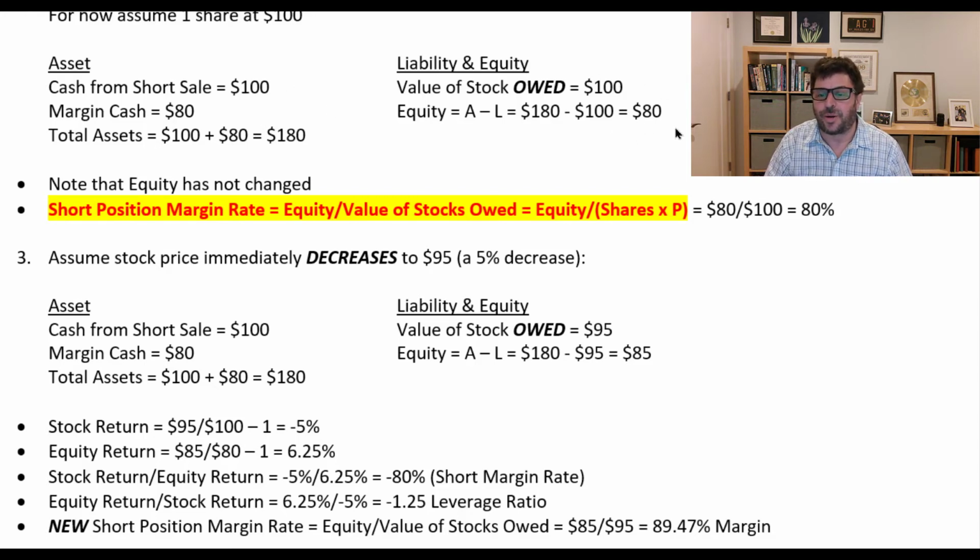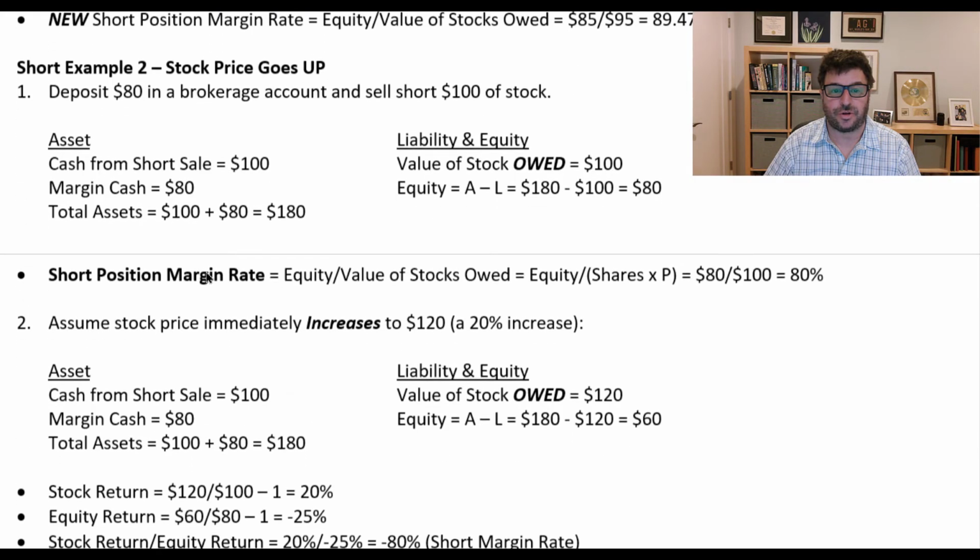But again, if I open up my brokerage account, this cash from short sale doesn't show up. The margin cash is there, and the $80, and on the other side, the value of what I owe is there, and the equity doesn't show. Just those two. And we're going to count this cash from short sale in order to be able to correctly calculate our equity and do the math that we need to do.